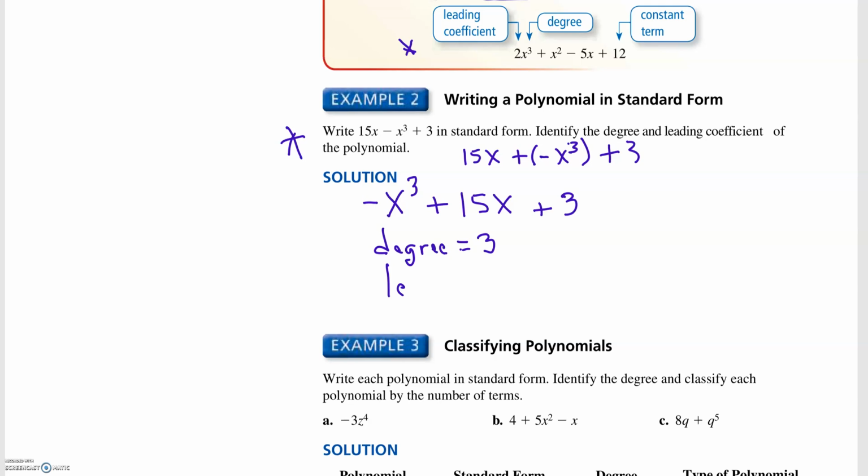That's the degree. Once you have it in standard form, just look for that largest exponent. The leading coefficient is the coefficient of that highest power term. So in this case, our highest power term is the negative x to the third, and there's a negative 1 sitting in front of that. So that leading coefficient in this case is negative 1.